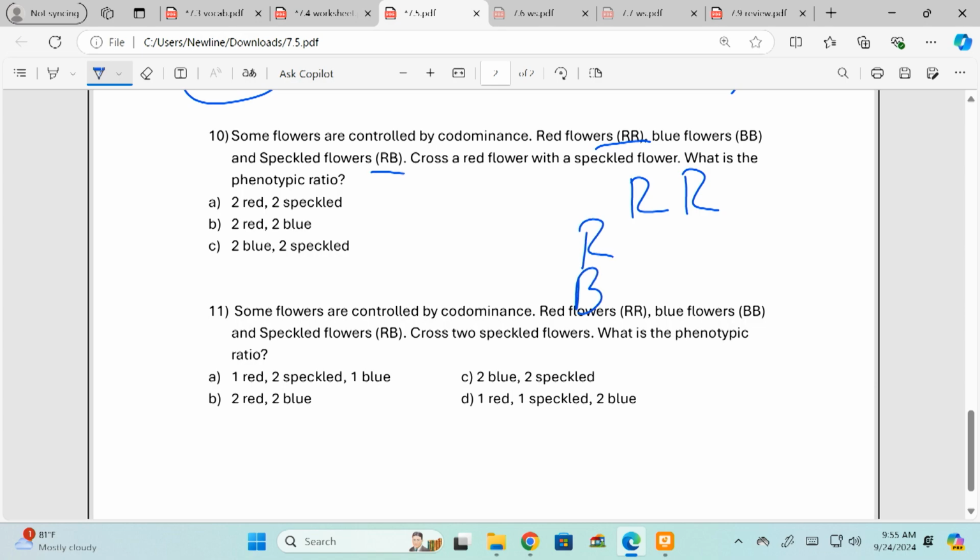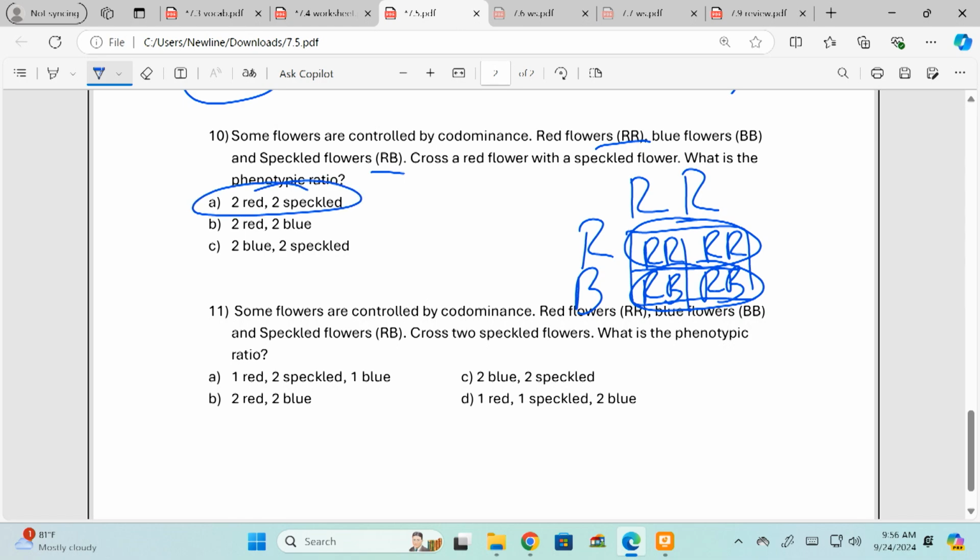And it wants to know what is the phenotypic ratio. These 2 are both going to be red, and these 2 are both going to be speckled. So 2 red, 2 speckled. I think letter A is going to be our answer choice on that one.